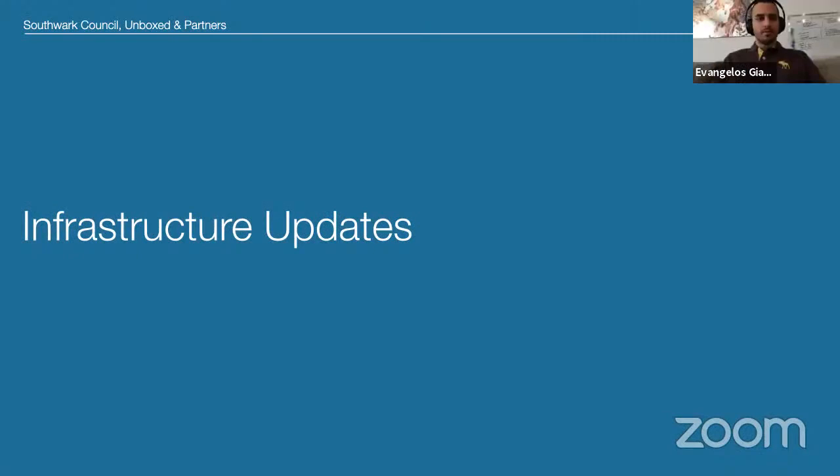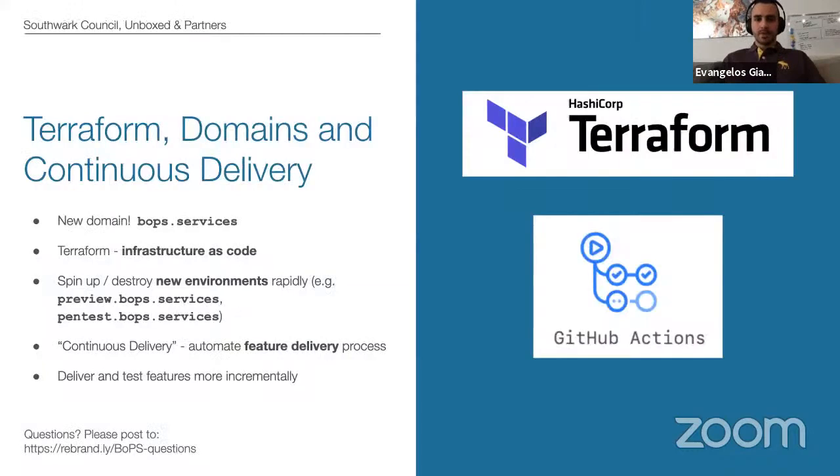Hello, everyone. Right now we're going to talk about the infrastructure update and changes. Next slide, please. So as we had to run a penetration test in our code base, we had to create another environment. And that's why we reiterated over our infrastructure, and we improved it using Terraform.